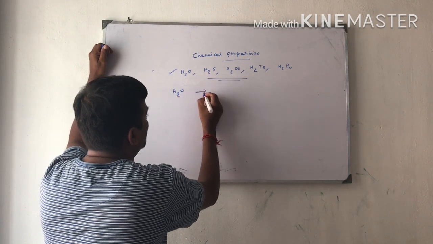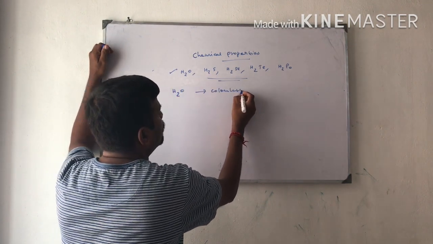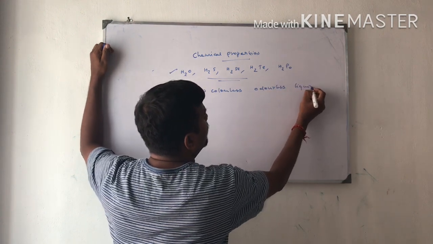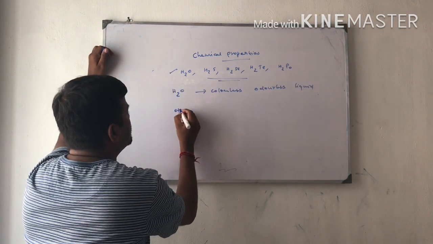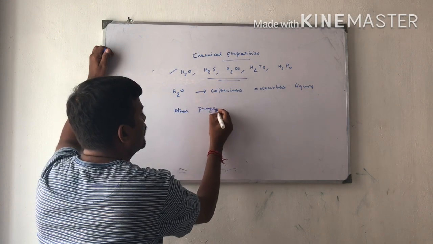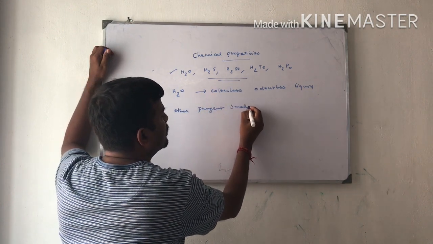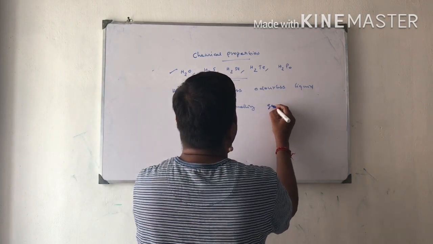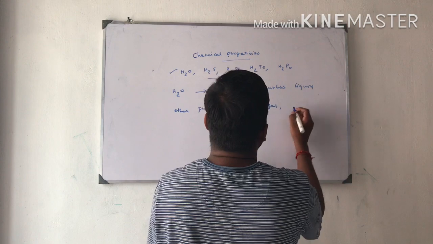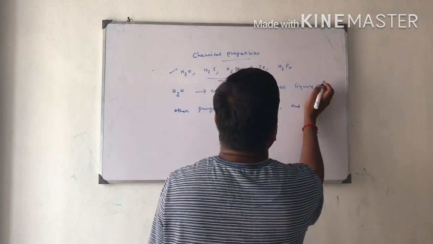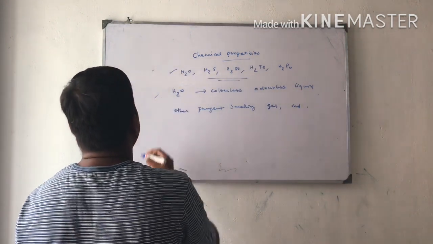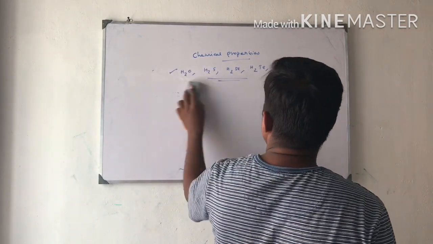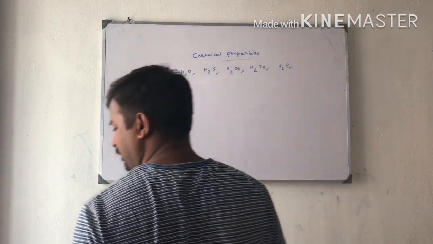H2O is a colorless, odorless liquid. Others are pungent-smelling gases, and some are solids. So these are the physical states, and next are thermal stability and acidic behavior.